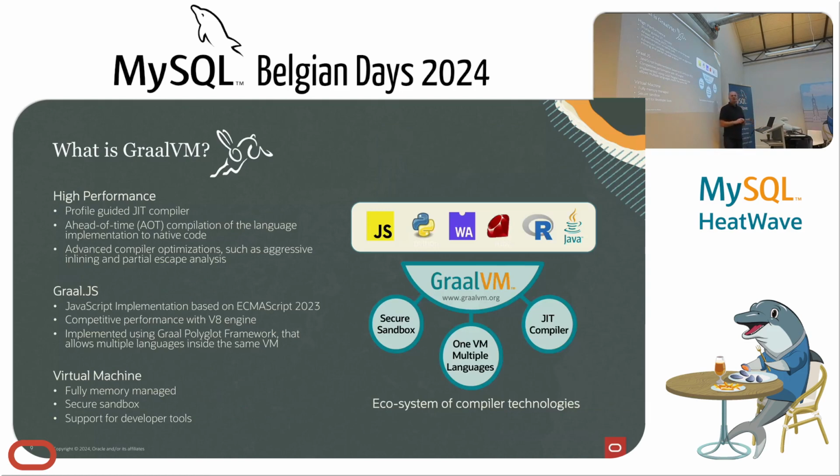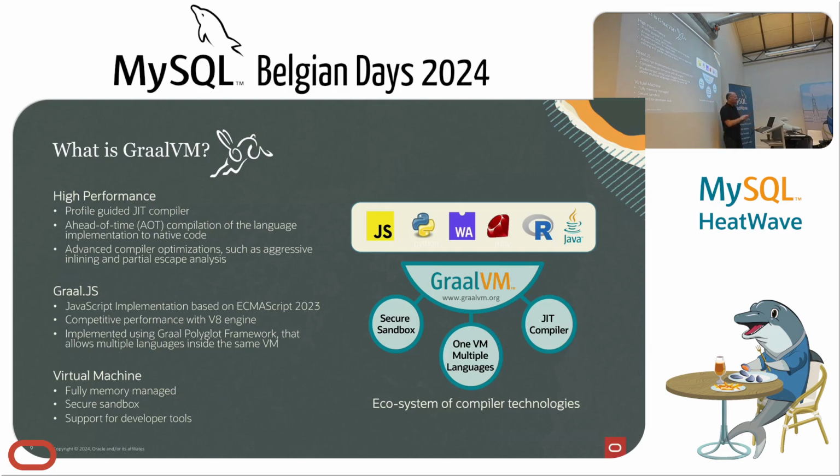In order to support JavaScript, we are using the GraalVM, which is an Oracle Java VM. That gives high performance. It has just-in-time compilation. So if you have run some snippet of your JavaScript many times, it will compile it down into Java bytecode, and then compile the Java bytecode into native code and execute that.